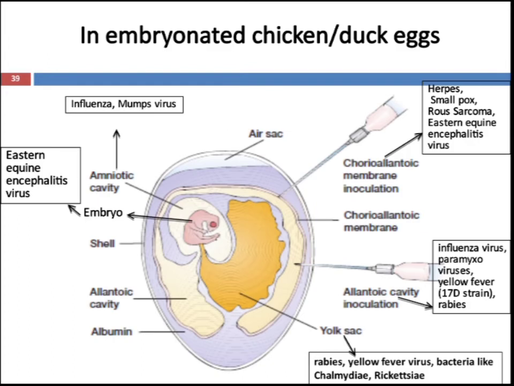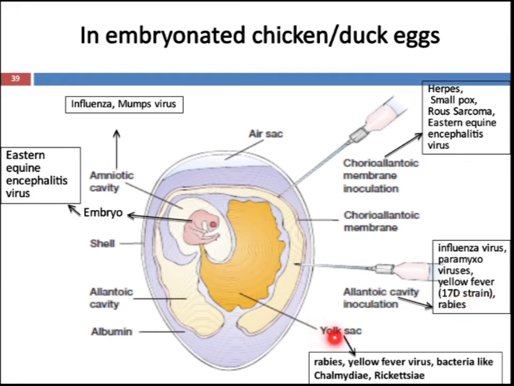So different viruses are inoculated into these layers. In chorioallantoic membrane, here we will inoculate with herpes, smallpox, Rous sarcoma, Eastern equine encephalitis virus. In allantoic cavity, we will inoculate with influenza virus, paramyxovirus, yellow fever 17D strains and rabies viruses.